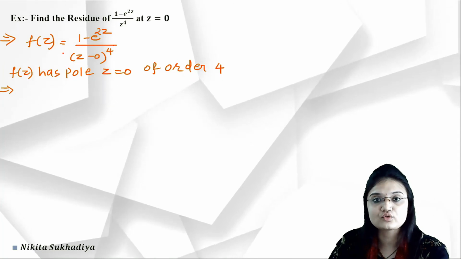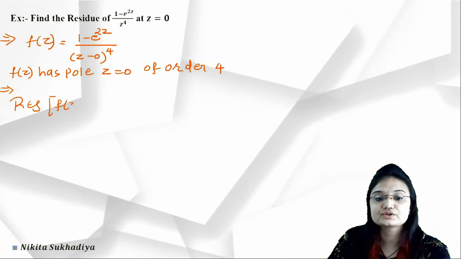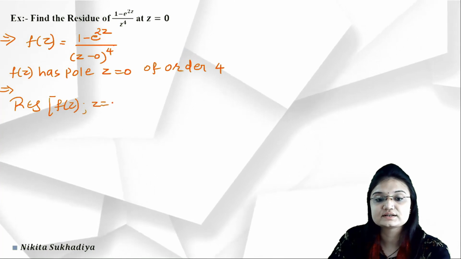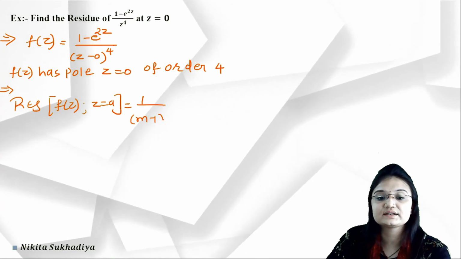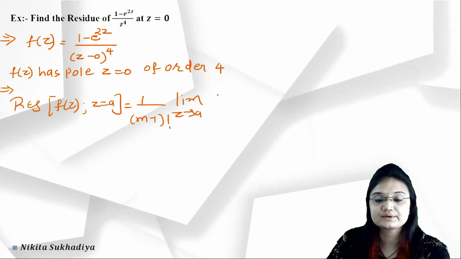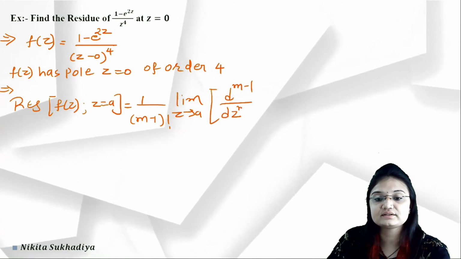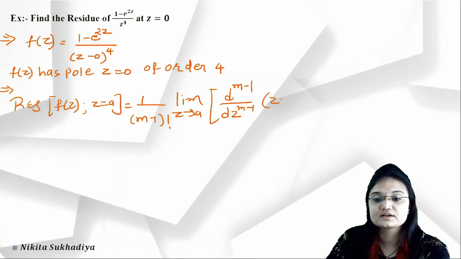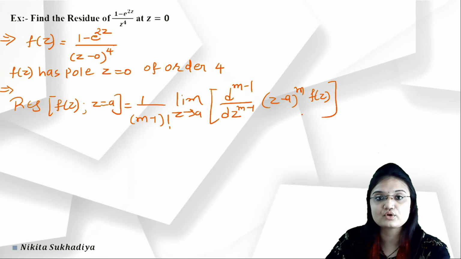Okay, so the residue at a pole of order m, that is, the residue of function f of z at z equal to a, is equal to 1 upon (m minus 1) factorial, limit z tends to a, d raised to m minus 1 upon dz raised to m minus 1 of (z minus a) whole raised to m into function f of z.